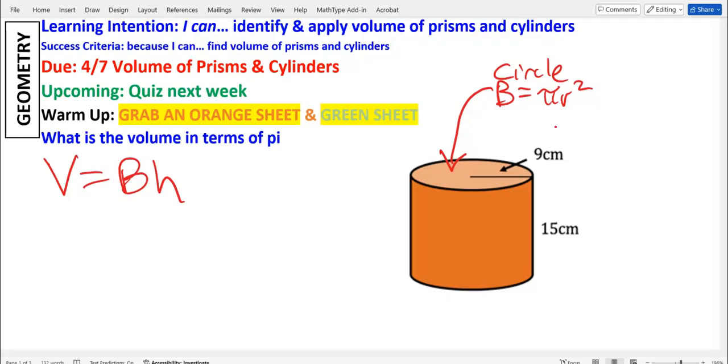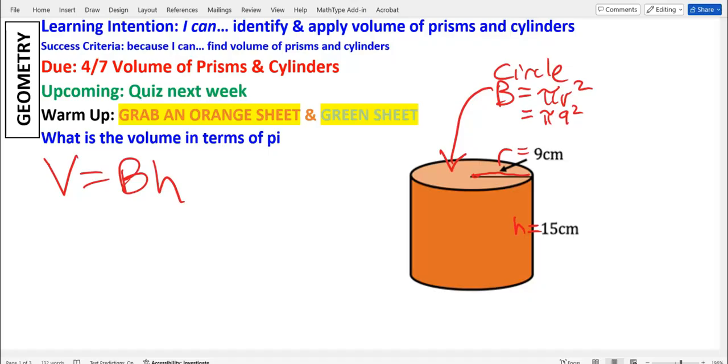Now, the radius from the center to the edge is 9. The height over here is 15. So to get the big B, area of the base, it's going to be pi 9 squared.